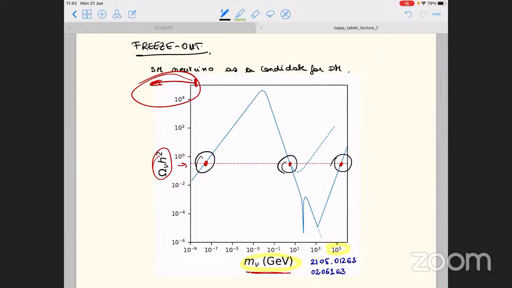But at some point, these weak interactions are not going to allow my particle to stay in chemical equilibrium. Kinetic decoupling happens much later, so they will continue to be in kinetic equilibrium but will decouple chemically from the bath. At the point where they decouple chemically, we get the freeze out, and the comoving number density becomes constant.